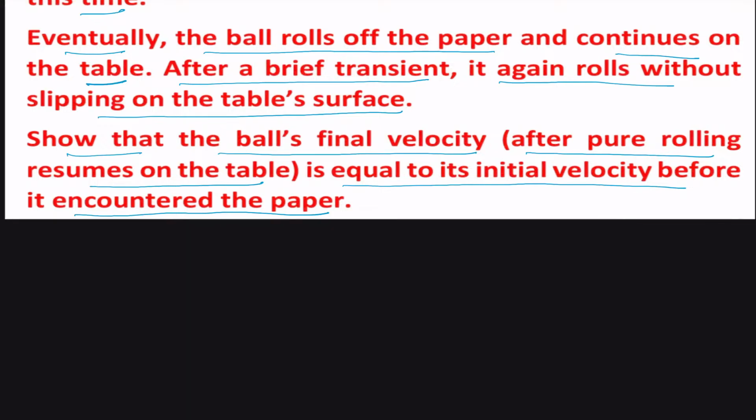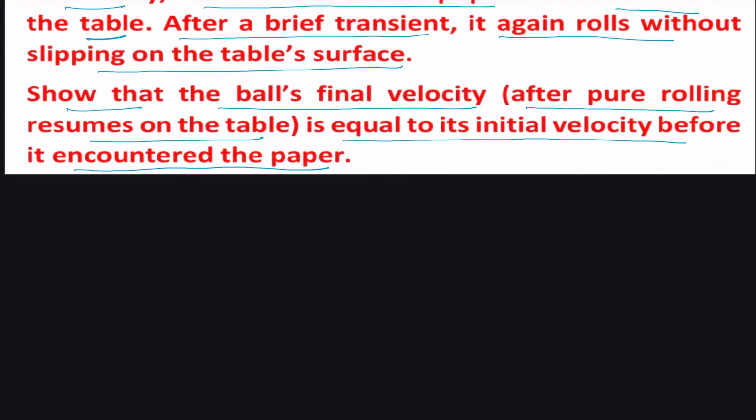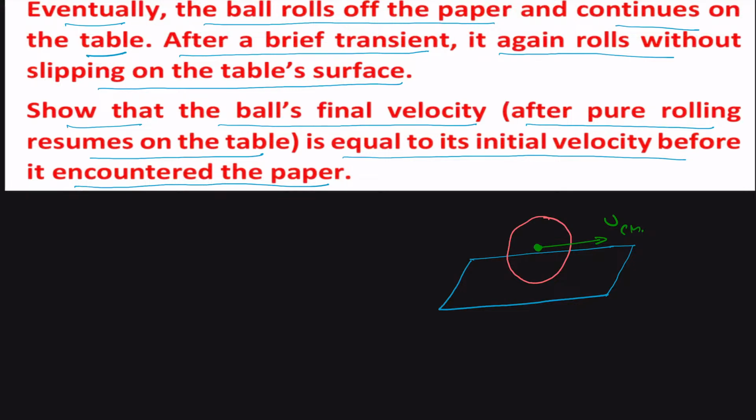And for that, let us draw. We have a paper, and suppose this is the ball, and we have the center of the ball. Let us suppose the center of the ball is moving with the velocity V_CM, and it's rolling with the angular velocity omega.